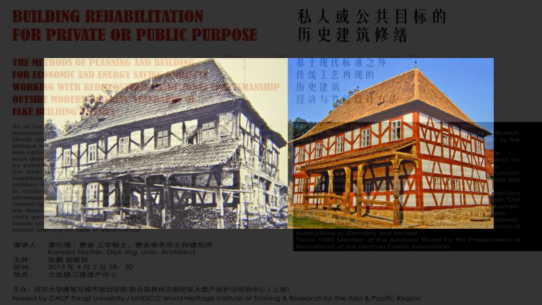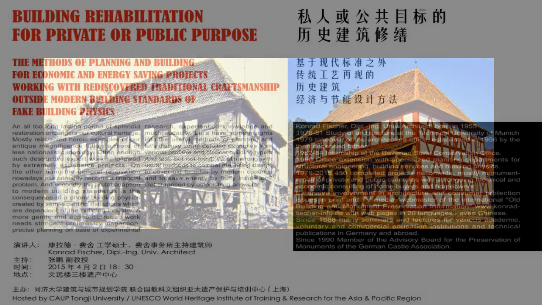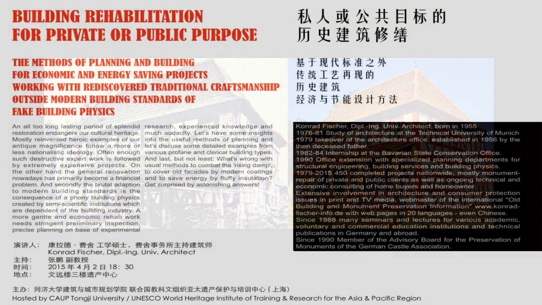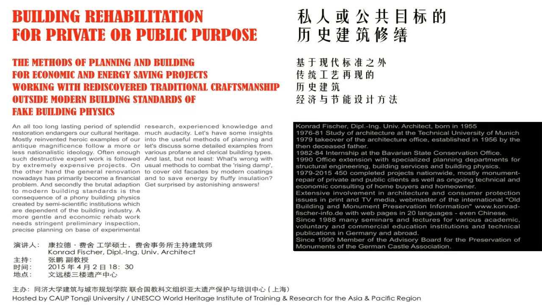Today we are so honored to have the second lecture from Mr. Konrad Fischer, and this lecture focuses on conservation design. I think most of the students are either conservation students or master students focused on architectural history or conservation.